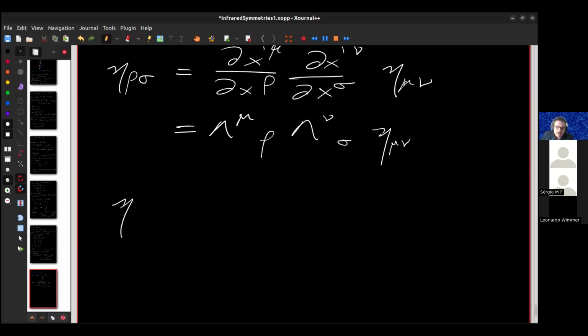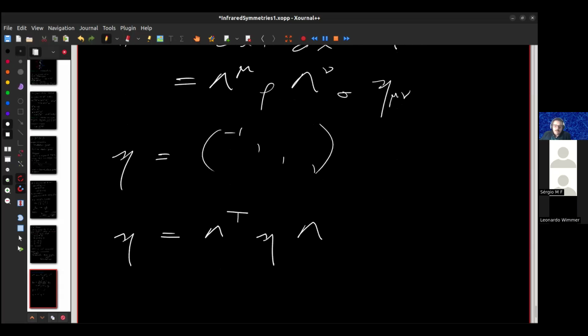I will write the components of η as this matrix η, which are just given in Cartesian coordinates by this thing here. So this is the Minkowski metric matrix. And now I can write these in the following form. I never recall what is the correct order. Here it is: it's just Λ transpose times η times Λ. So Λ here is the matrix whose entries are given by Λ^μ_σ.